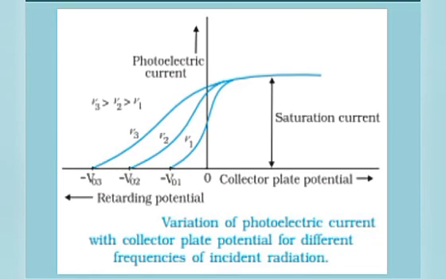Just observe the graph. Here they considered 3 different frequencies of radiation, nu1, nu2, nu3, and for those frequencies the variation of photocurrent with the potential is studied.